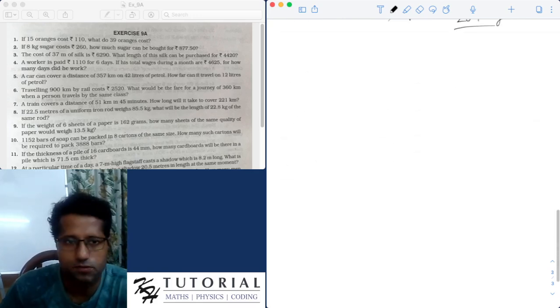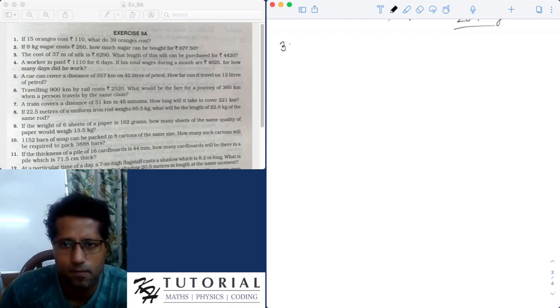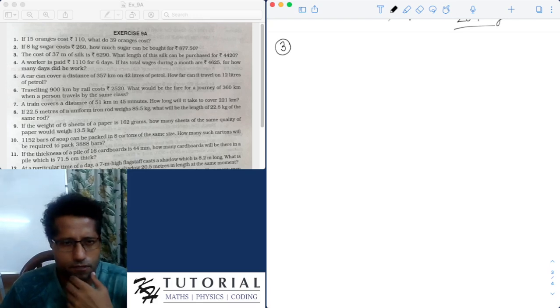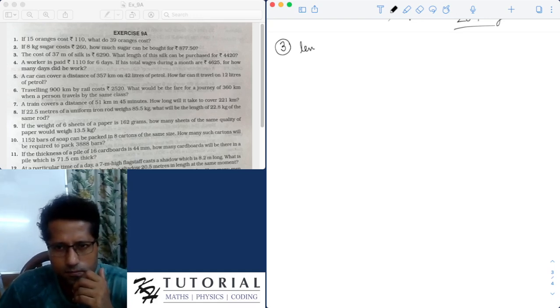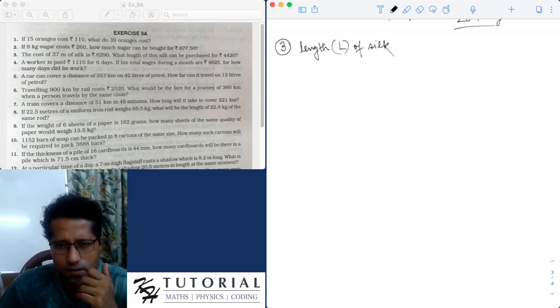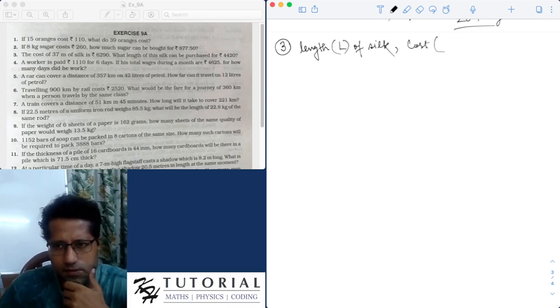Let's do question number 3. The cost of 37 meter of silk is rupees 6290. What length of this silk can be purchased for rupees 4420? So the quantities are length of silk and cost of L length of silk, that is C. So definitely we will have L by C is a constant.